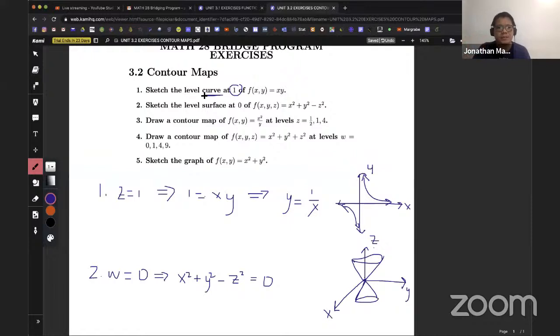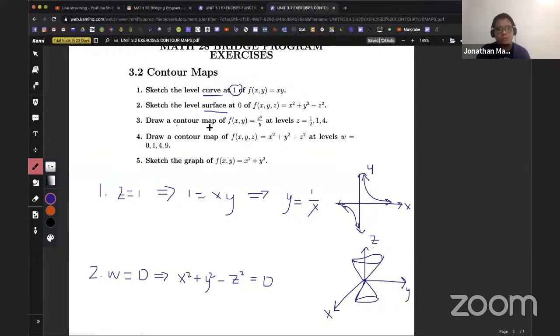So curve, ibig sabihin, kinocurve natin or ginagraph natin on a two-dimensional system. Pag sinabi naman nating level surface, so surface, we are graphing the function on three-dimensional system. So ang kino-consider natin ng mga functions dito ay mga functions of three variables. Okay?